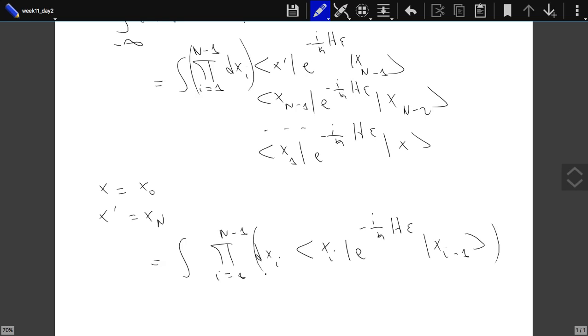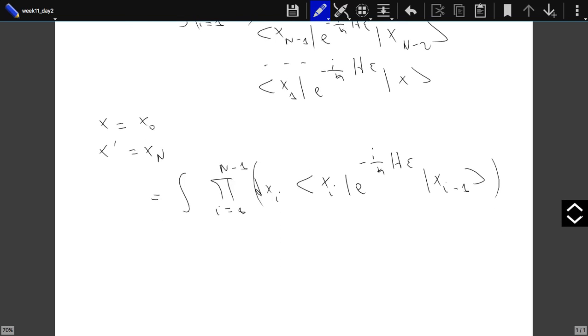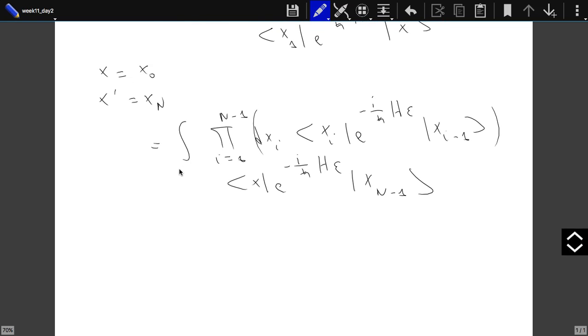We are still missing one: <x_n| e^(-i/ħ Hε) |x_{n-1}>. It's just a different notation. And all the x_i go from -infinity to infinity. Eventually we will take the limit as epsilon goes to 0.